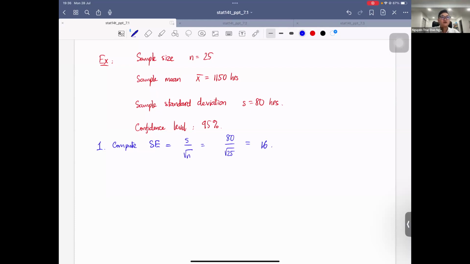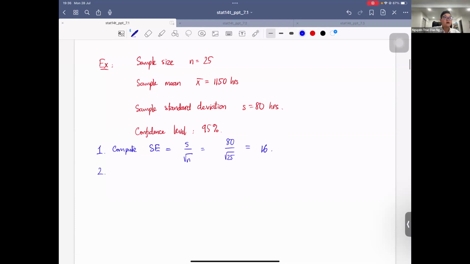Now we need to use the t distribution, since the population standard deviation is unknown and we only have the sample standard deviation. Also n here is less than 30, so we can use the t distribution. That means you need to calculate two things.